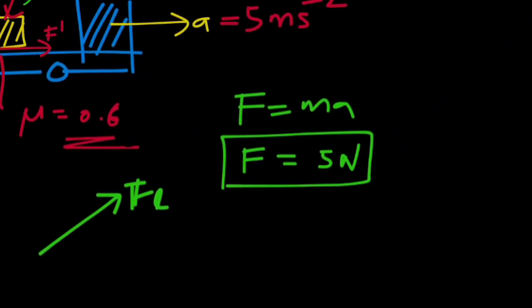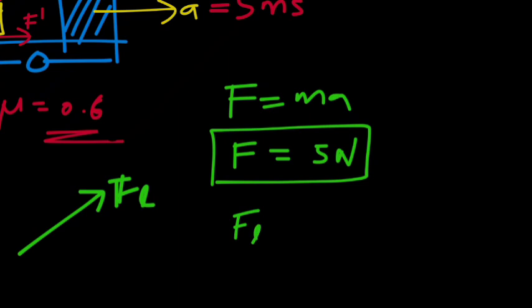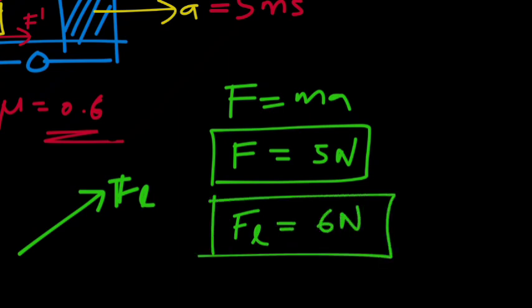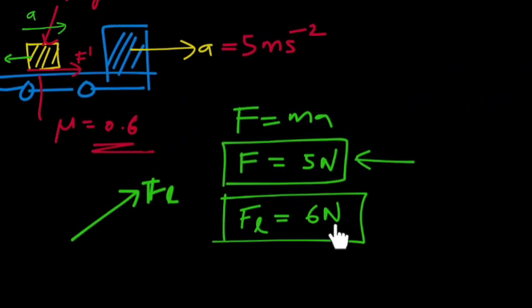We had the information 0.6, so fL is 6 newtons, calculating using mu R. From this, what can you understand? The required force is just 5 newtons for the moment, but the friction is capable of providing 6 newtons. Therefore, the box moves without sliding with respect to the lorry in this situation.